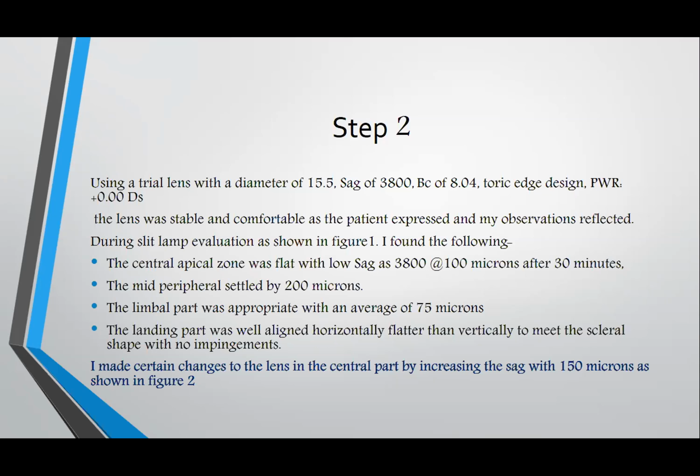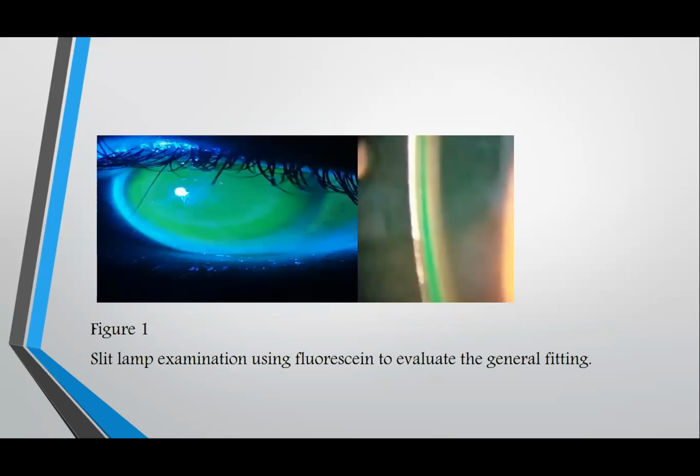The patient was really surprised by the comfort, and she was more surprised when her vision improved. I made certain changes, as we had only 100 microns of central clearance, so I increased the central zone by 100 microns, which you can see in this figure and image.